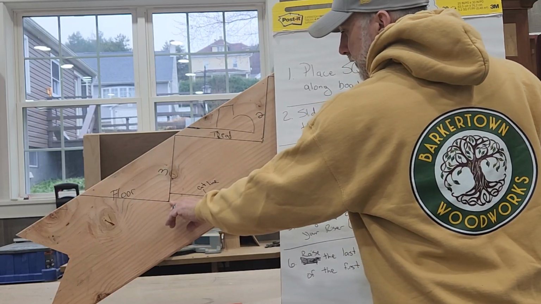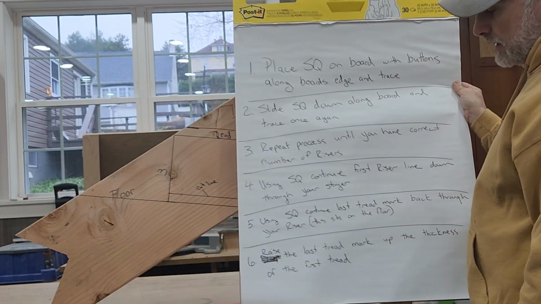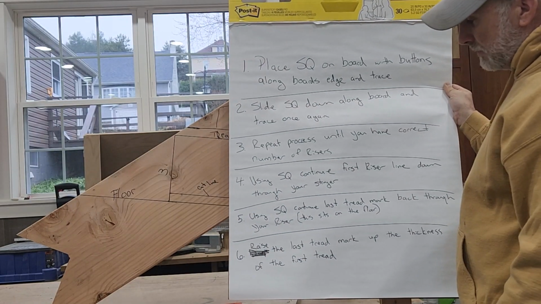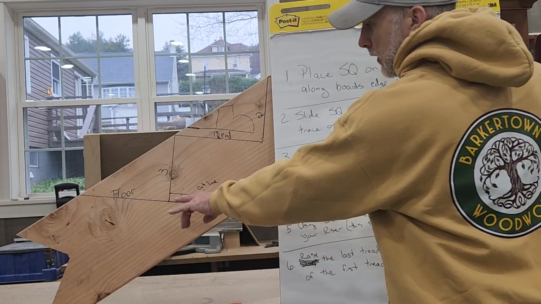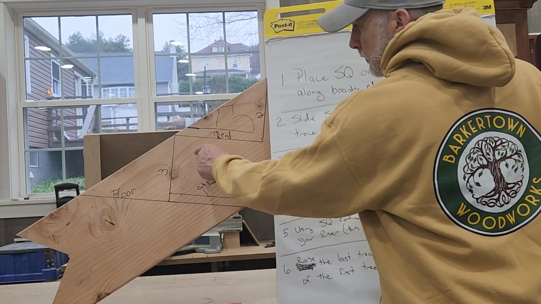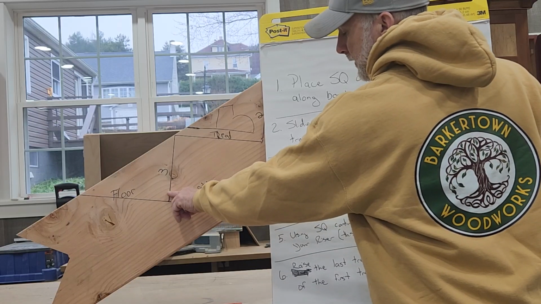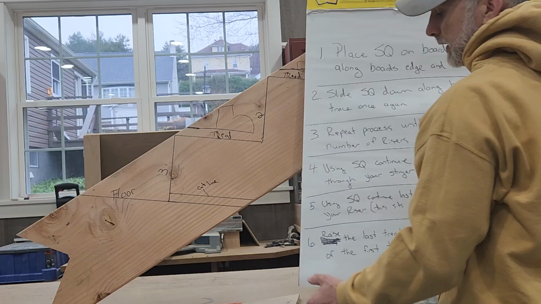You're simply going to use your square to bring that back through your stringer. And step number 6, you need to raise that last tread mark up the thickness of your first tread. So that is right here. Whatever material we are placing here, we're going to reduce that thickness, and then we will create a new line here.